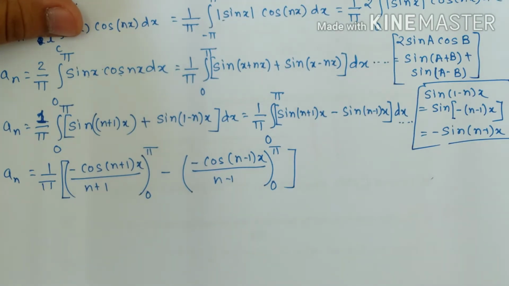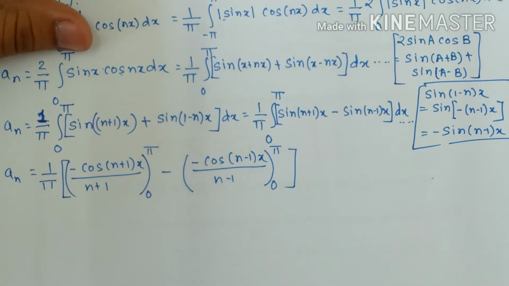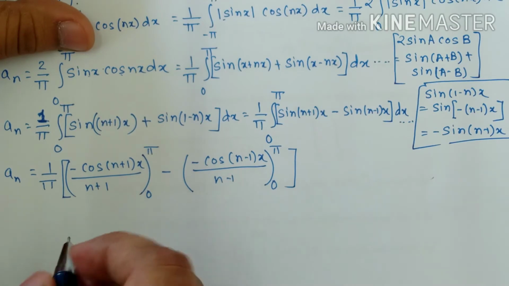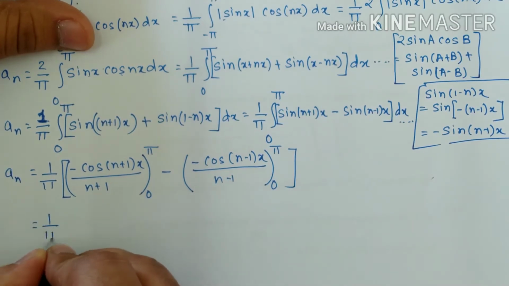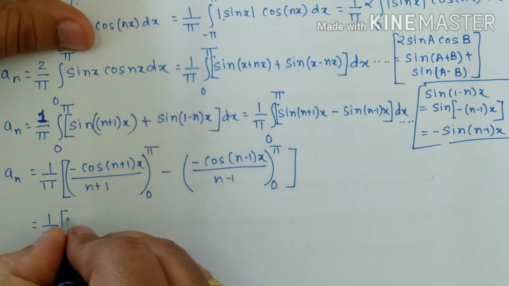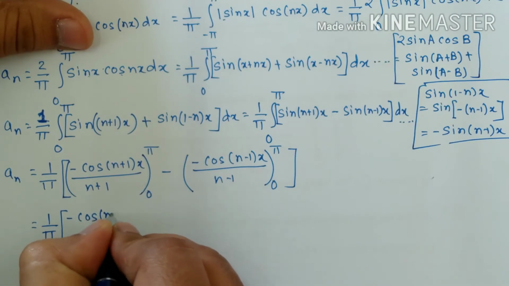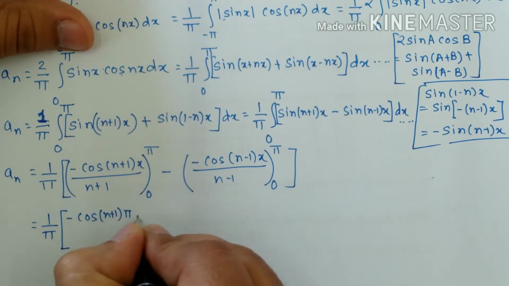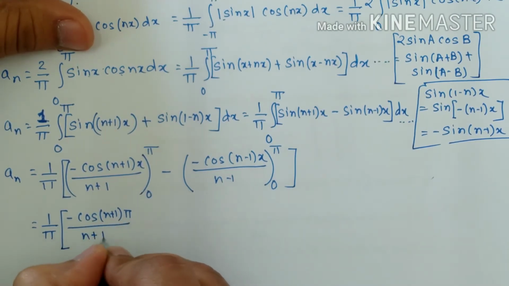Fine. Now the question comes, after substituting the upper limit and the lower limit, what will I get? Okay, so it's very simple. 1 upon pi. For the upper limit we get minus cos of n plus 1 pi divided by n plus 1.